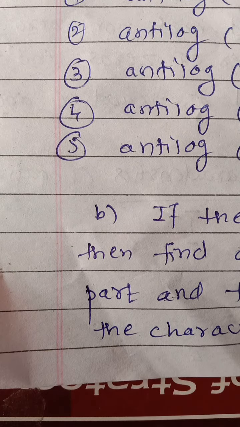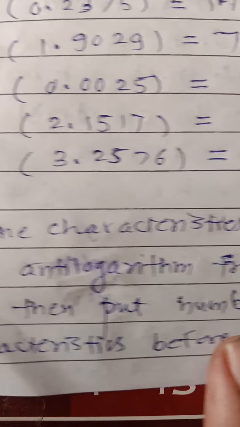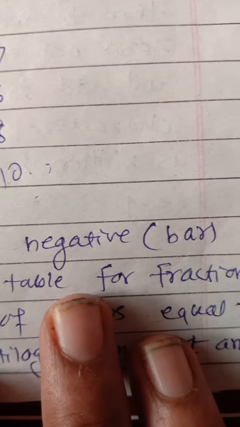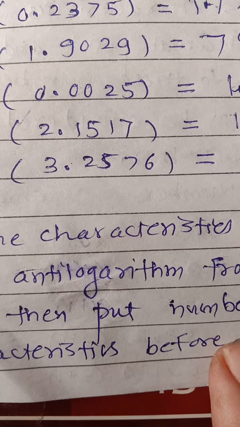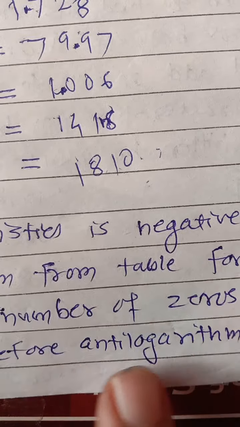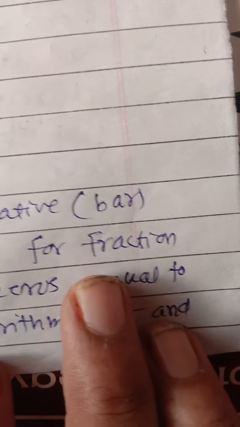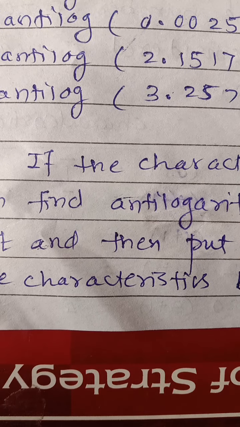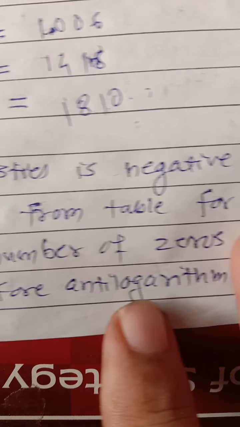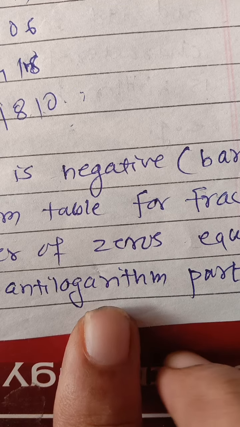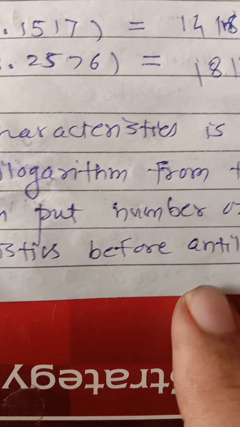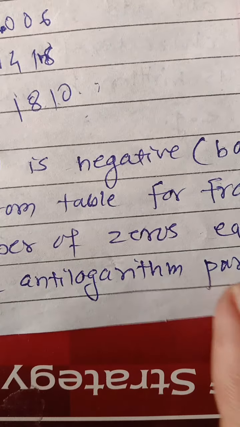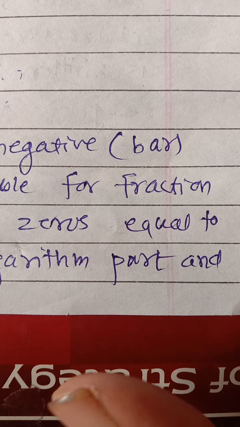So B, if the characteristic is negative, that is in terms of bar, then find the anti-logarithm from the table for the fraction and then put the number of zeros equal to the characteristic before the anti-logarithmic part.